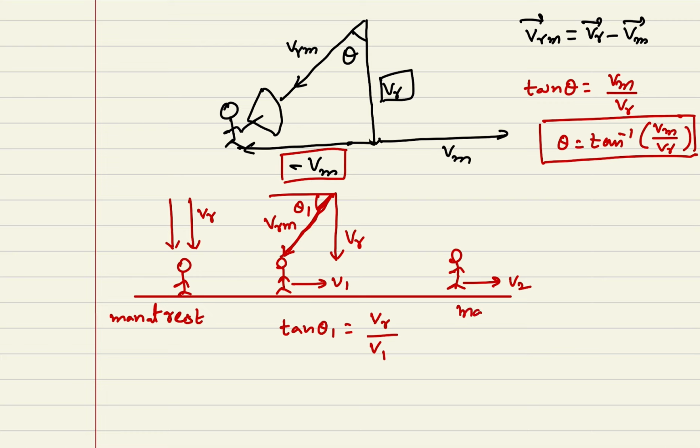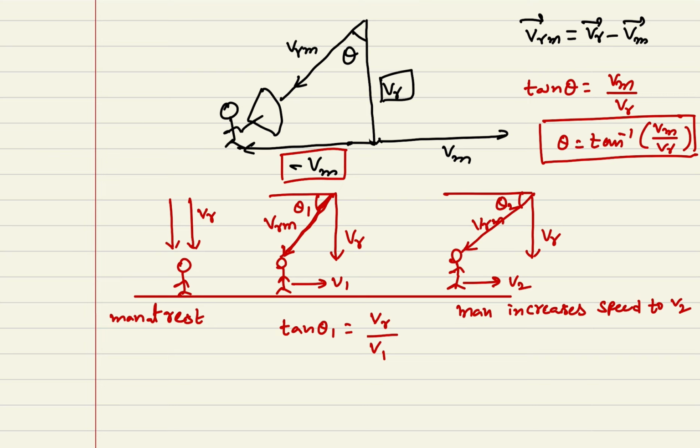Still, suppose the man increases his speed to V2. In that case, let us consider that this time the velocity of rain with respect to the man is making some other angle, theta 2. Still I am telling you velocity of rain is in the downward direction only. Why?